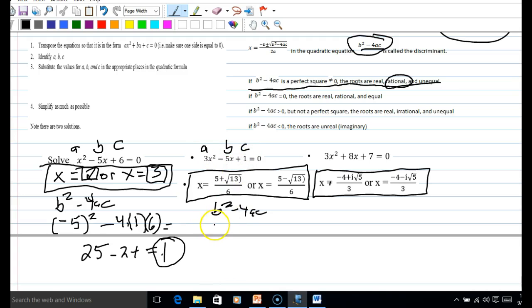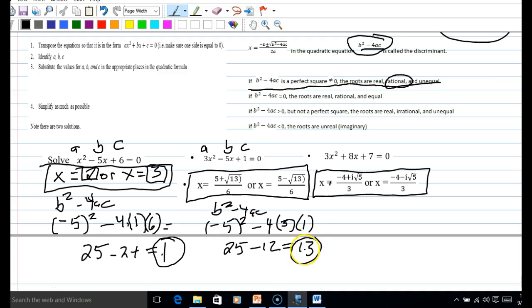So if we substitute those values into the formula, that will be minus 5 quantity squared minus 4 times a, which is 3, times 1. So here I have 25 minus 12, which is equal to 13.